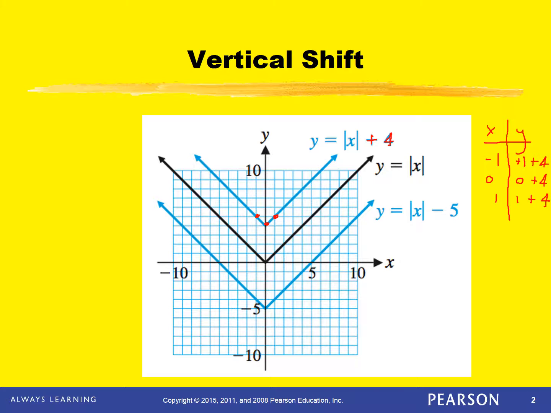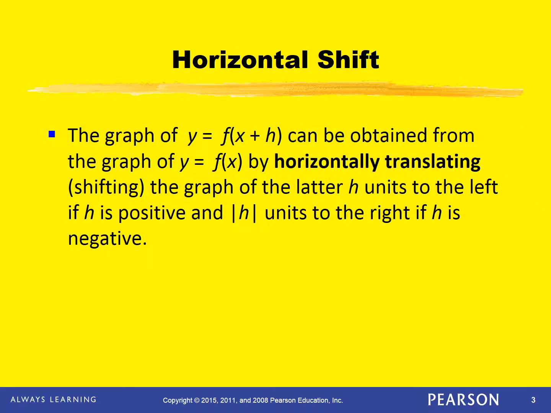And from there, you get the idea. So the point is that 4 is added to all the y coordinates, which has the effect of raising the entire graph 4 units. Similarly, downward 5 units for the minus 5.